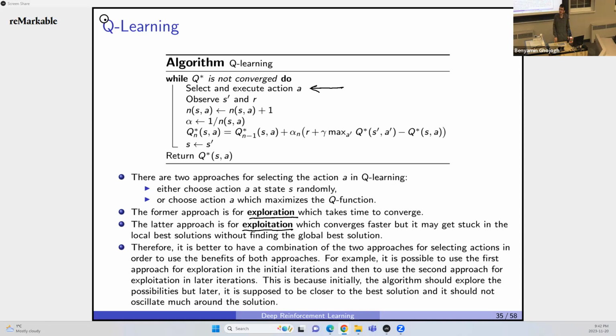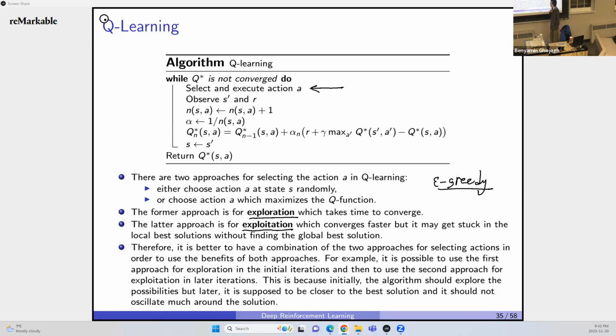As a result, I can have a middle case scenario. I think it's called epsilon greedy. With some probability epsilon, they explore. With 1 minus epsilon probability, they exploit, or vice versa.